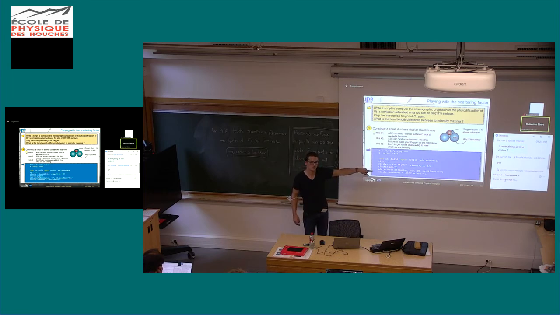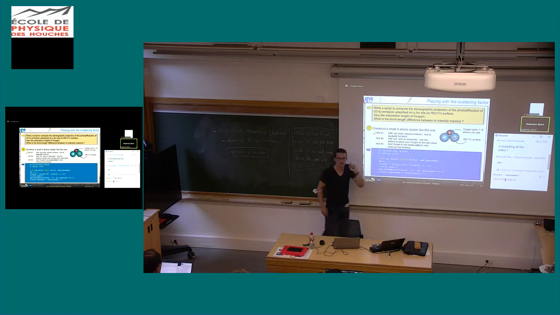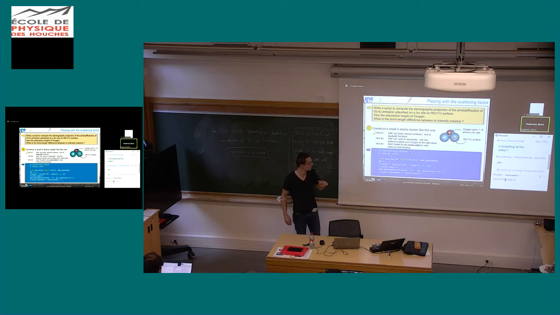If you give the FCC value to the position keyword, it will put your oxygen atom on the right site. This is normally given in the documentation of the function in ASE. And this time, the absorber is the oxygen atom, and it is the last atom added to your cluster. So it is the size of the cluster minus 1, because numbering starts at 0 here. This is quite straightforward.